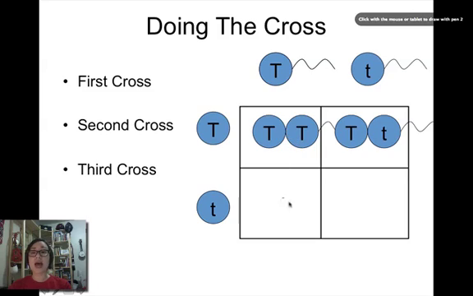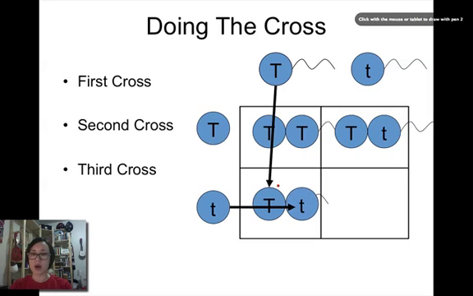So if you have a heterozygous combination, a big T, little t, you always want to make sure that your big T goes first. So we're going to go ahead and bring in our big T that's found at the top. So we're going in the opposite order that we went through before because we want to put our capital letter first. Then we're going to ask ourselves what's on the side. We have a lowercase t, and here it is coming into our Punnett square. So now this genotype combination is done.